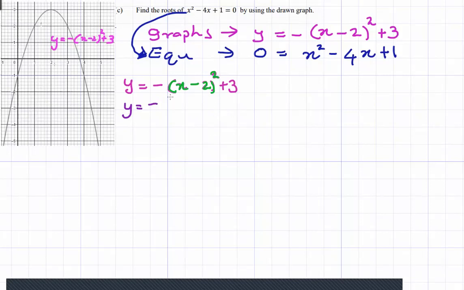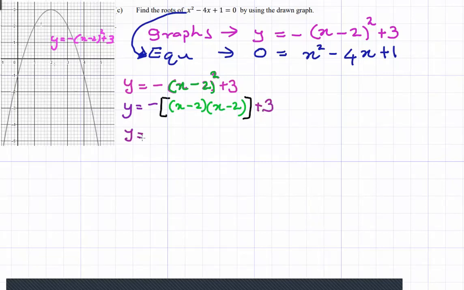It means x minus 2 times x minus 2. The entire thing owns this purple minus. So you put the x minus 2 times x minus 2 within brackets plus 3.